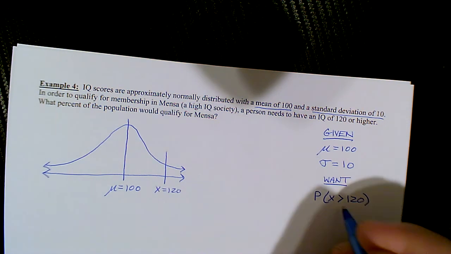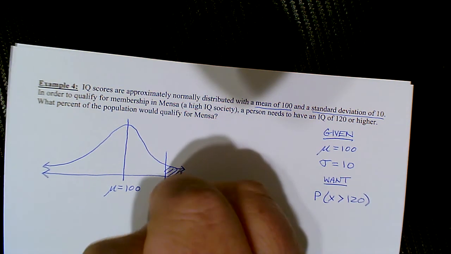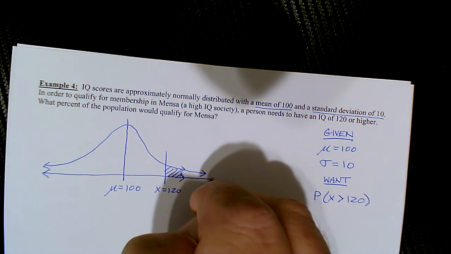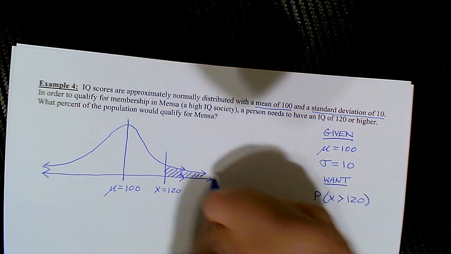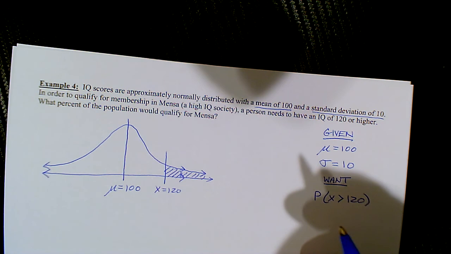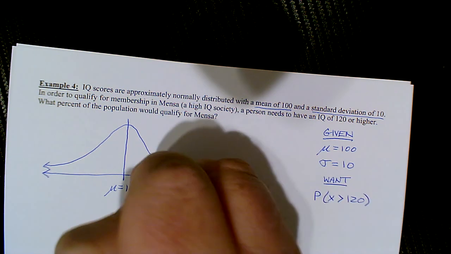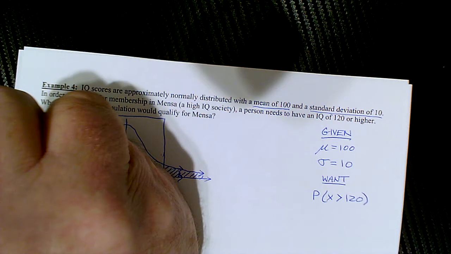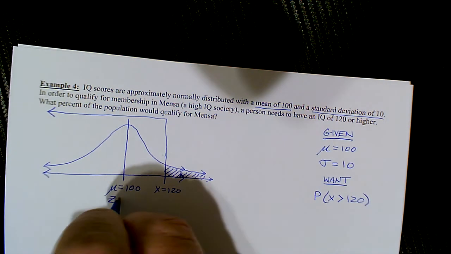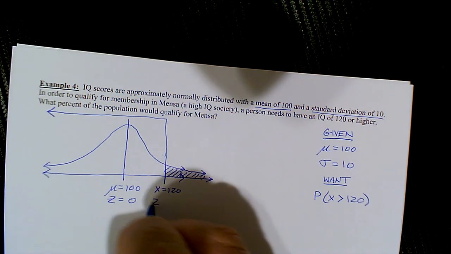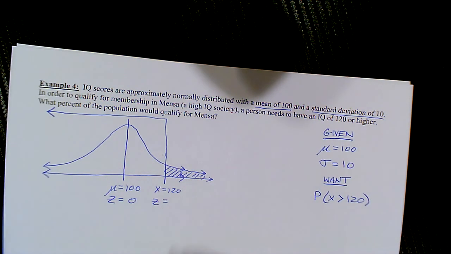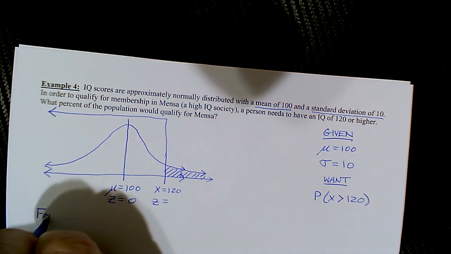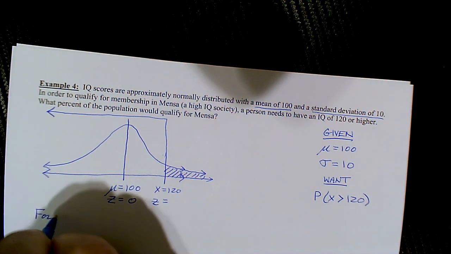We want everything greater than, so in the right tail. If you want to extend this to make it look a little bit more tailish, that's fine. But I'm going to do the left cumulative arrow right away. I'll label my z equals 0 here. I'll try to remember to fill in that z-score. Usually I get so excited once I find the z-score I forget to go back and label that.